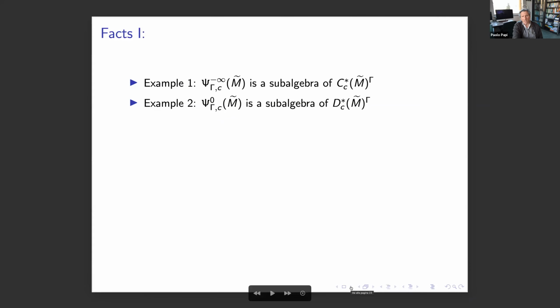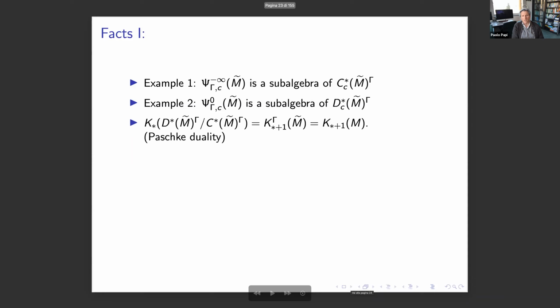This remark will play a role in this talk. Another point is that there is a non-trivial isomorphism, which is called the Paschke duality isomorphism, which gives you the isomorphism of the quotient algebra with the K-homology of M. This is a very important piece of information.